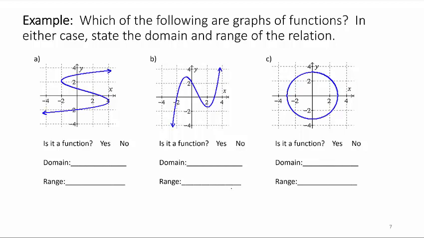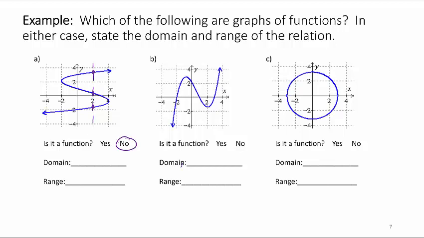Okay, so for part A, this first graph, I'm looking at it and I've got problems, right? Just at x equals 2, I've got three different places where a vertical line crosses the graph, and there are obviously many vertical lines we could draw that would cross in more than one place. So is it a function?